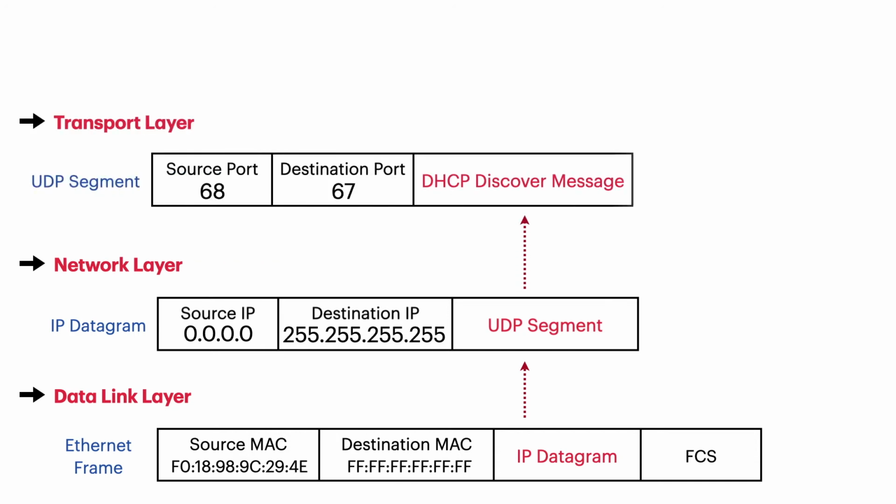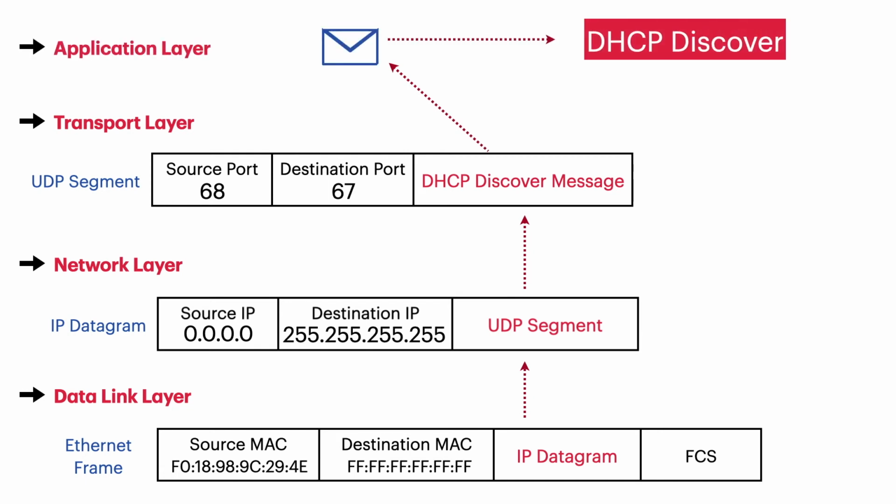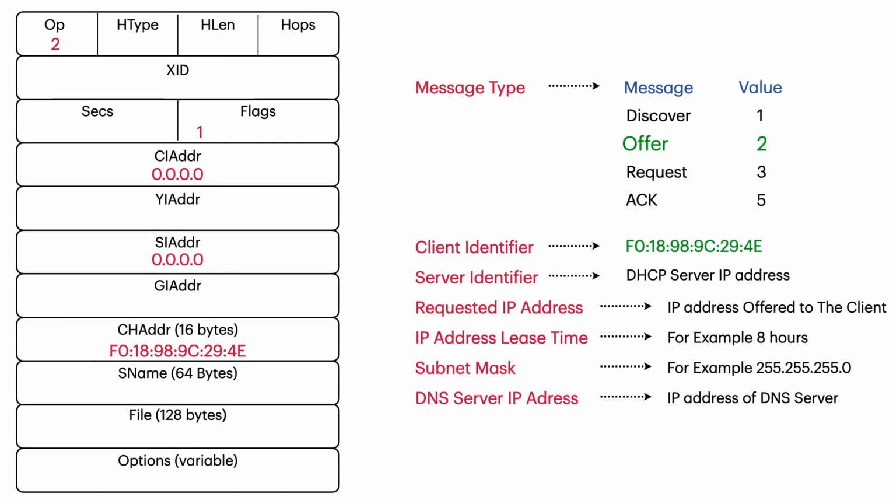So the UDP segment is extracted from it, which then provides the discover message. The DHCP server can pick up an IP address from the DHCP scope and fills it in the your IP address field of the offer message.